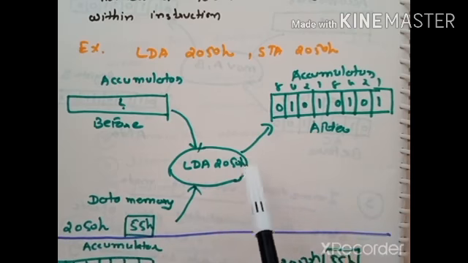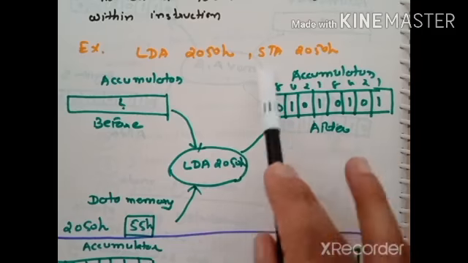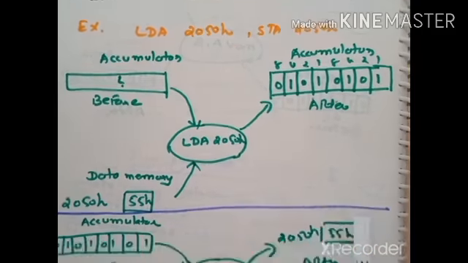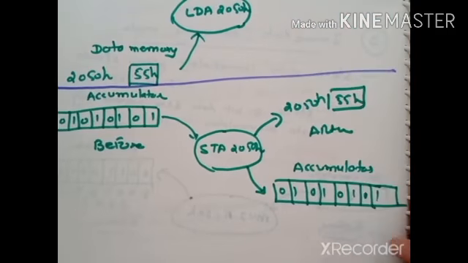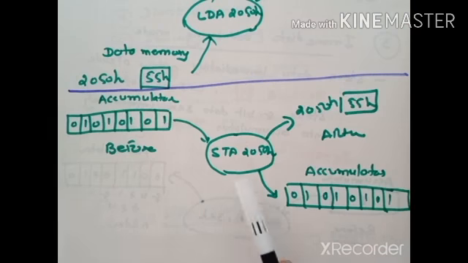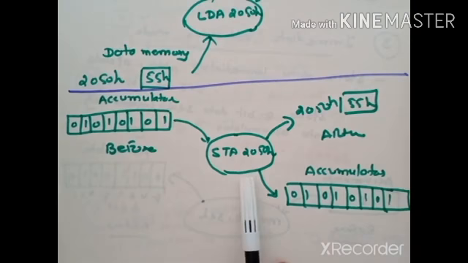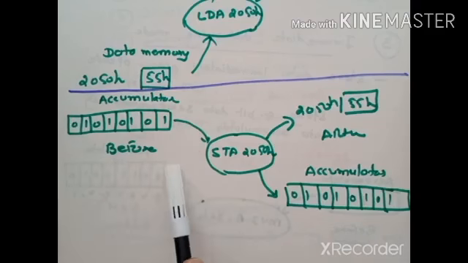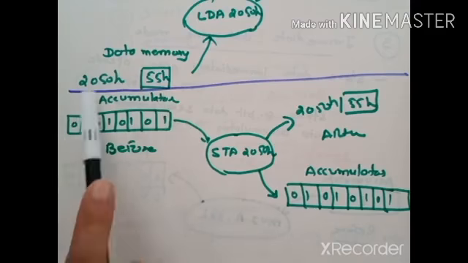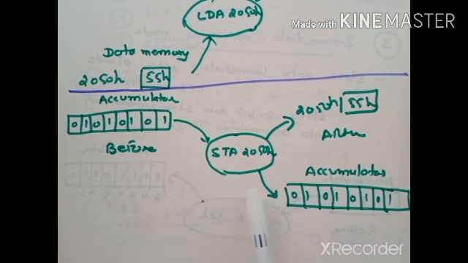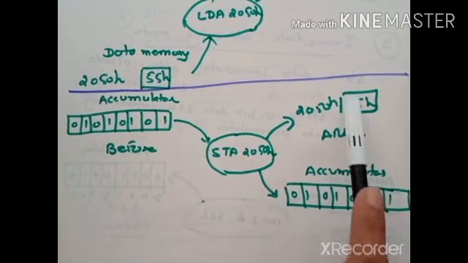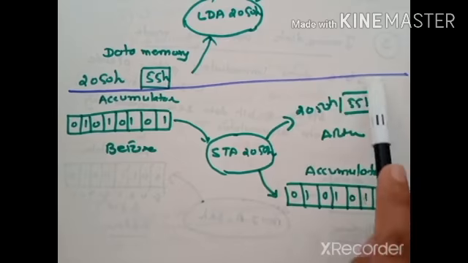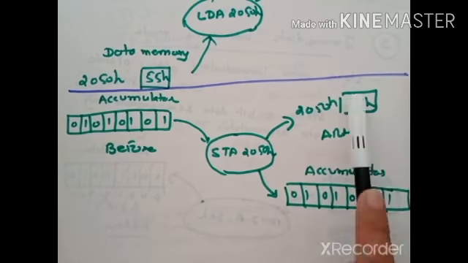That means the content of 2050 is transferred to the accumulator. The second example is STA 2050. STA 2050 stores the content of the accumulator to address 2050. Before execution of this instruction, the content of the accumulator is 55H. After execution, the content of 2050 is 55H, and the content of the accumulator is the same.